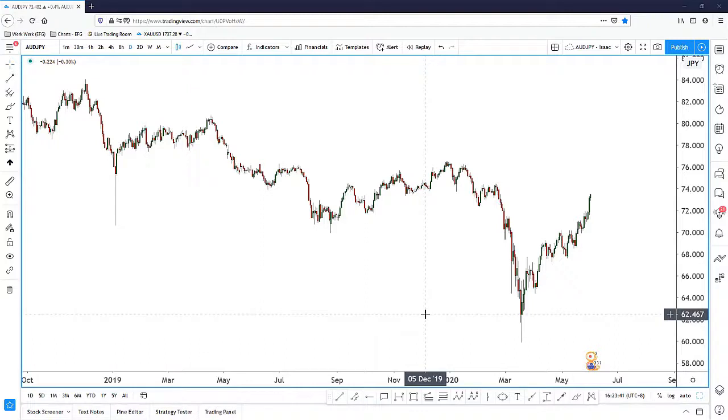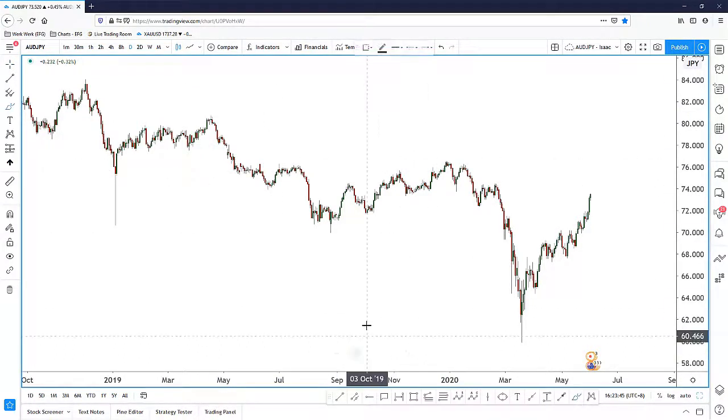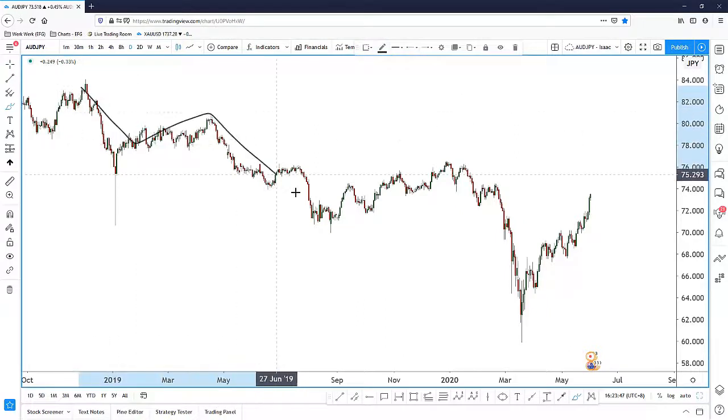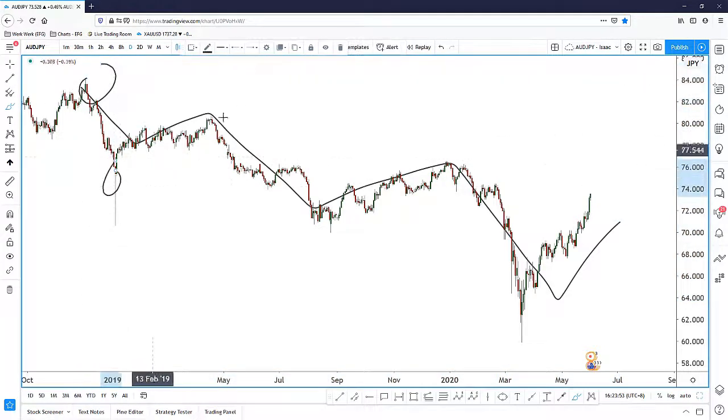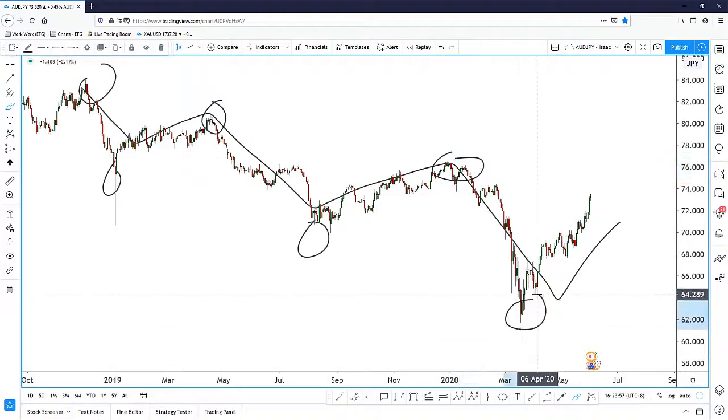So let's start off with the daily. Now on the daily, it's a clear-cut thing that price has been slowly drifting downwards. Price has been making lower highs, lower lows, lower highs, lower lows.